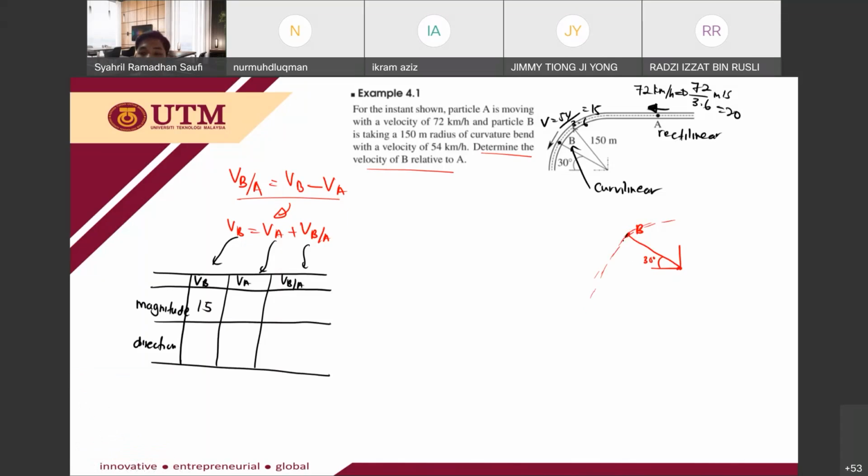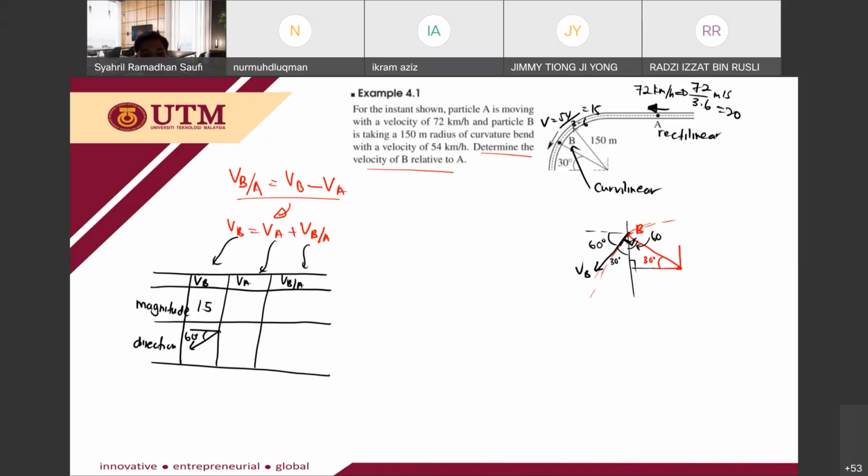Tangent to the curve is your V. So here is 90 degrees, and if you draw the line here, you get 60. Because here is 30, you know that here is actually 60 degrees. So for VB, the direction is 60 degrees.